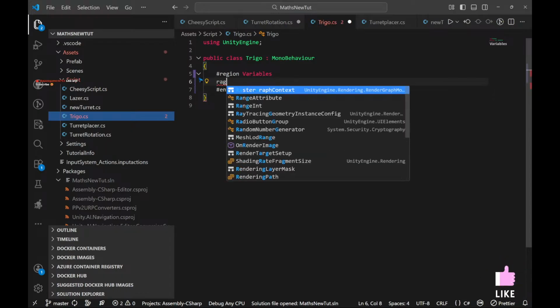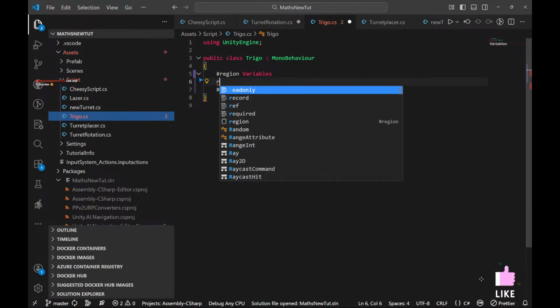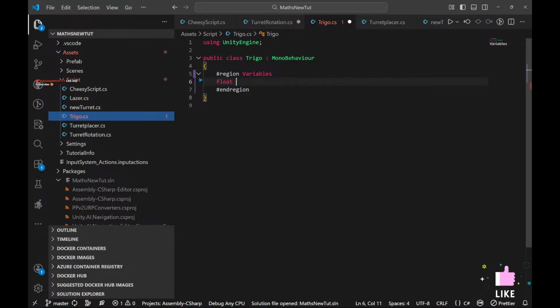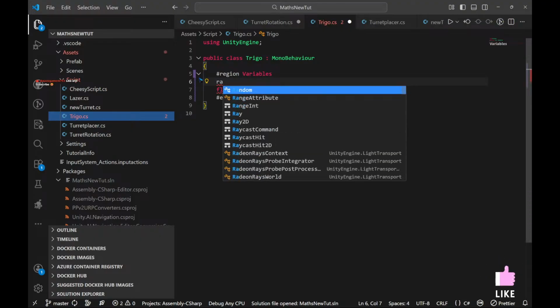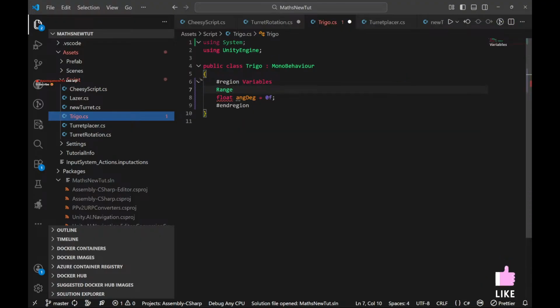We have a float angle, set to 0f, with a range of 0 to 360.